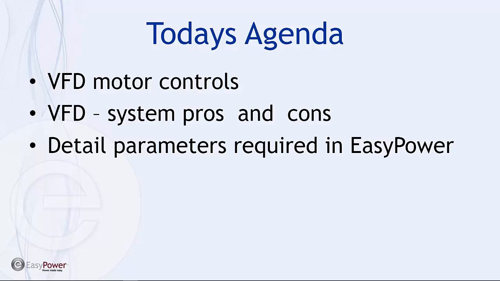Today's agenda is VFDs, and we're going to talk a little bit about the motor controls, a little bit about the pros and cons, and then how some of these parameters relate to the way EasyPower models a VFD.